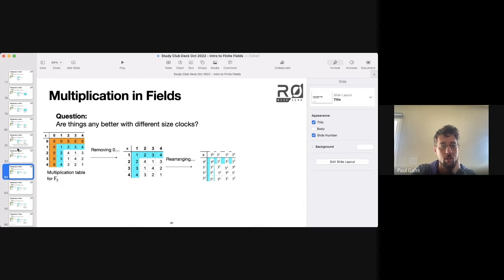that you're going to see if you're reading any papers. This is the field of order 5. And this is a multiplication table for the field of order 5. If I remove the 0, we call this the multiplicative group of the field of order 5. And the notation for that looks generally something like this.